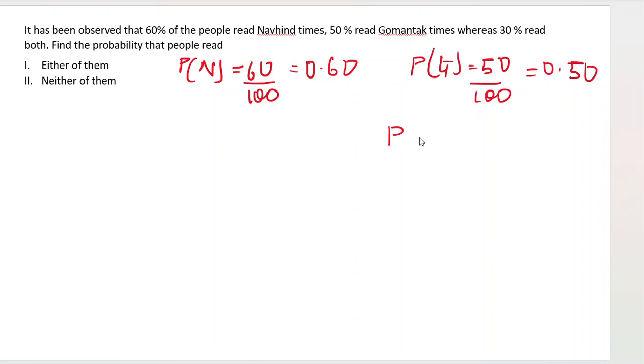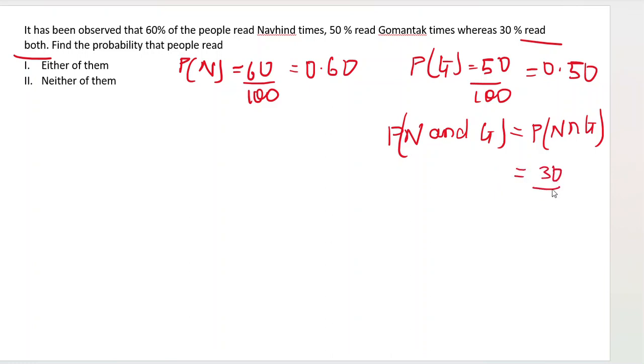Probability that they read both, symbolically probability of N intersection G, is 30 upon 100, which is 0.30.